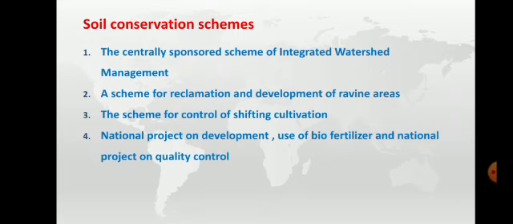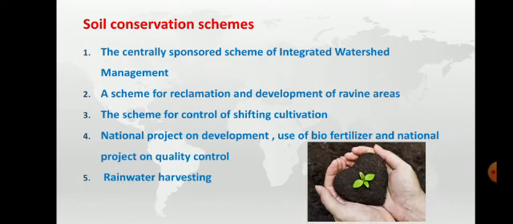Last point, in urban areas, rainwater harvesting is a means of checking soil erosion besides recharging groundwater. Rainwater harvesting was done in urban areas so that this water can be used for recharging the groundwater.